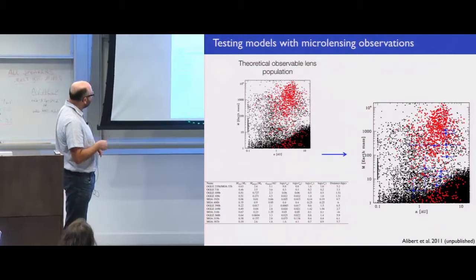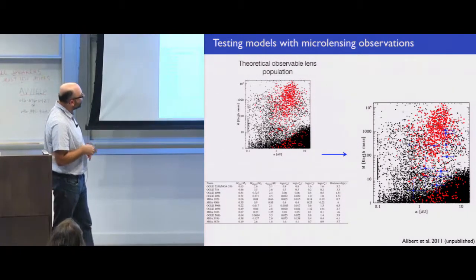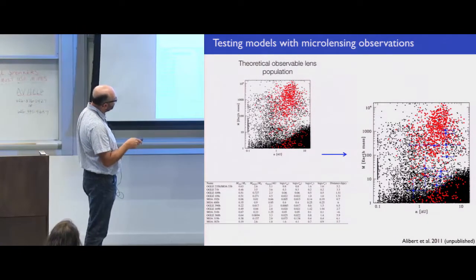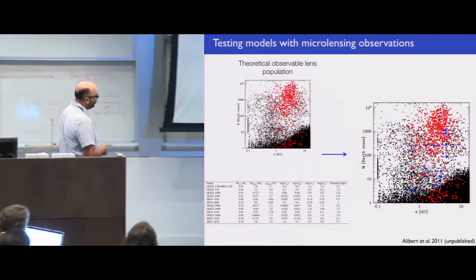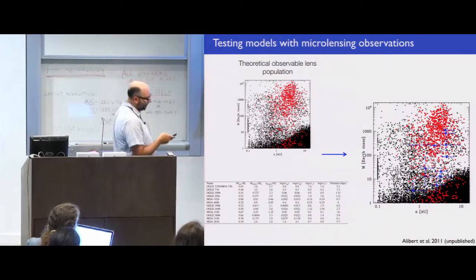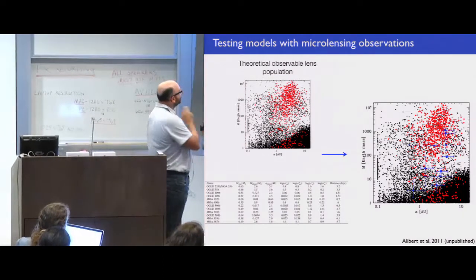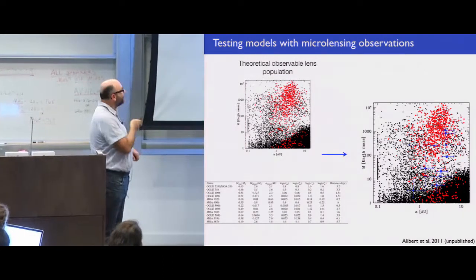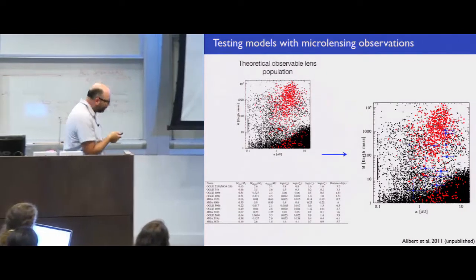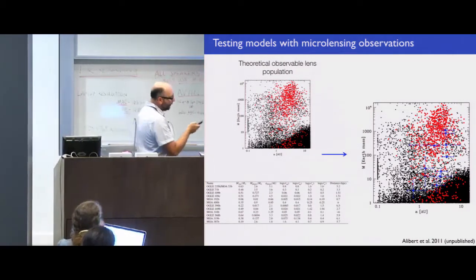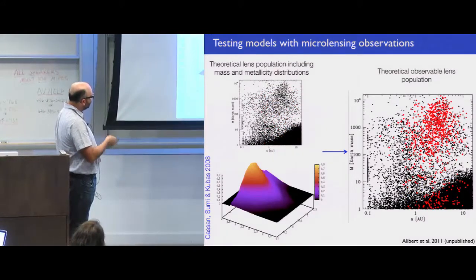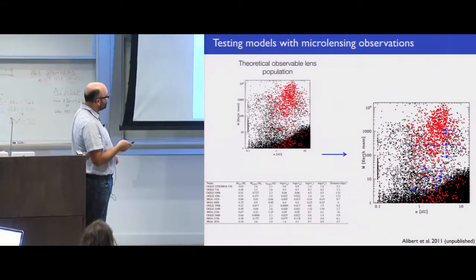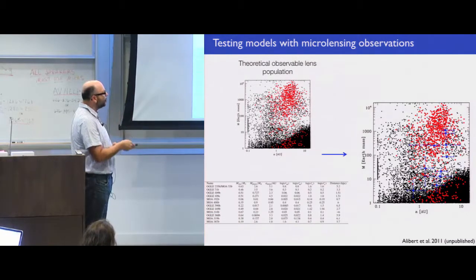At the time, we had only 12 microlensing planets, and these are the planets in blue that compare more or less well with the red planets. So again, this paper is not published. Why? The problem that we saw is that if you want to do this comparison, you need to be sure that the observational bias that you use here is the one that has been used to observe these planets.